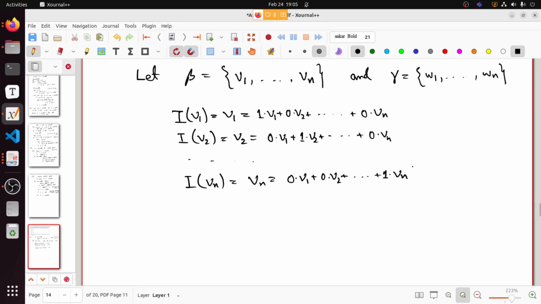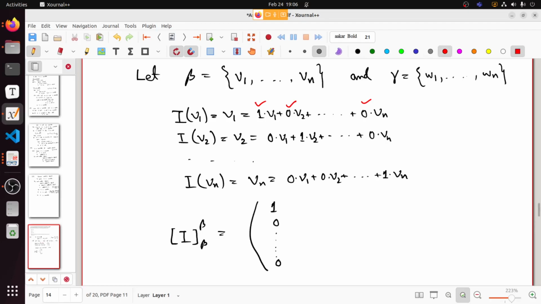So what will be the matrix? We know how to find the matrix with respect to the given bases, beta beta. Just write it down in terms of columns. So the first column will be 1 0 0 dot dot dot 0.